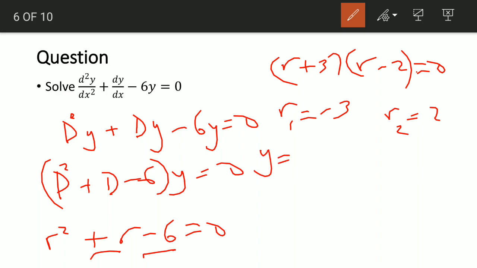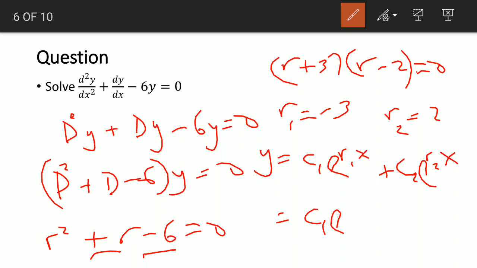We said it is y equal to c1 exponential r1x plus c2 exponential r2x. If we substitute the values, our r1 is minus 3, so we get c1 exponential minus 3x, plus c2, which is a constant, exponential, our r2 is 2, so you have 2x, which is the solution to that equation.